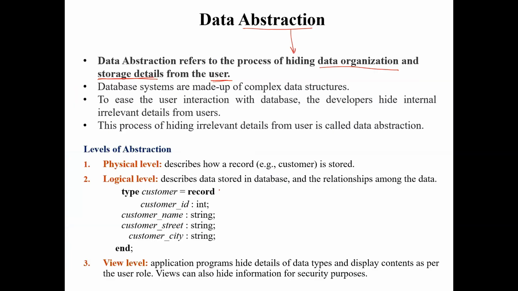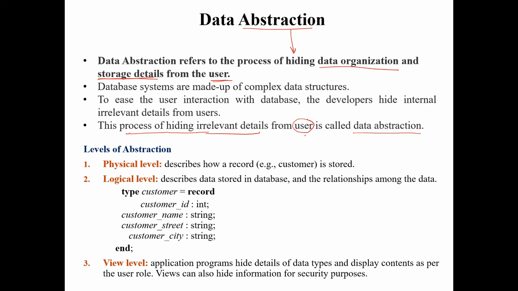So that's why, in data abstraction, this process of hiding irrelevant details from the user is called data abstraction, as the user does not require such details because these users are end users. But if the user is a database administrator, then this data is important for the administrator.